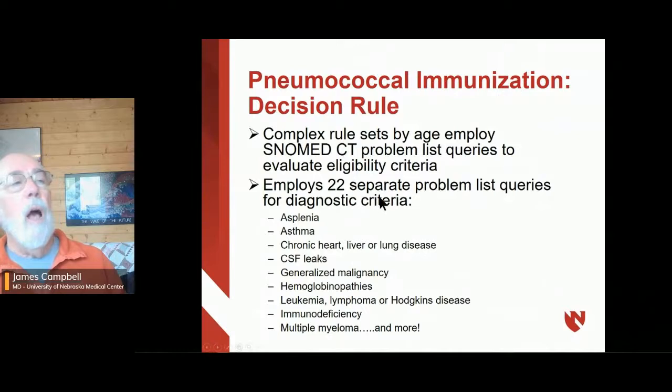And for pneumococcal vaccination, there are actually 22 separate problem list queries that needed to be supported for diagnostic criteria, including asplenia, asthma, chronic heart disease, leaks of the CSF, malignancy, etc. So you can see that the decision logic for pneumococcal immunization is complicated.